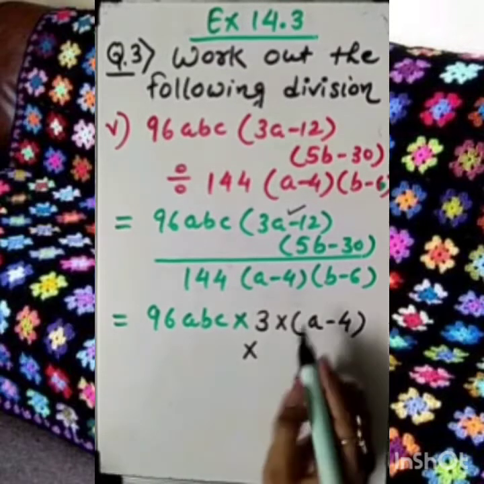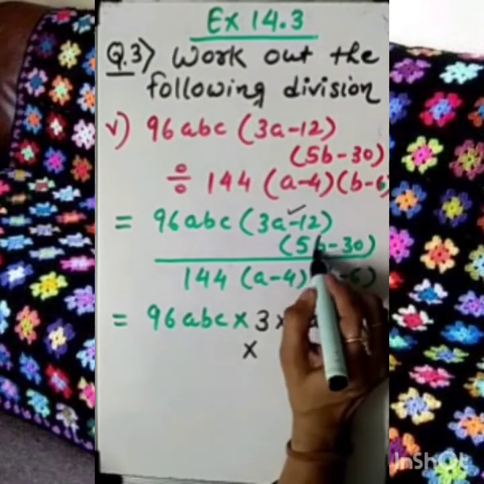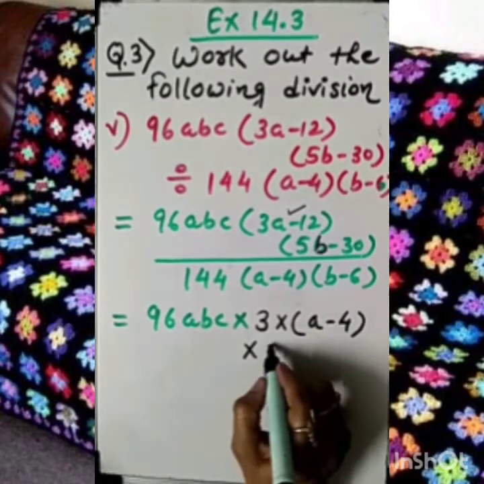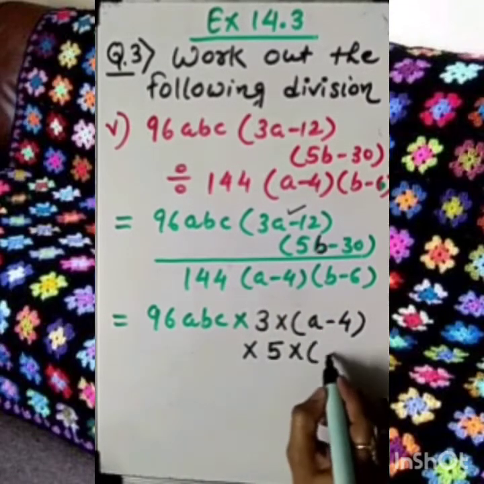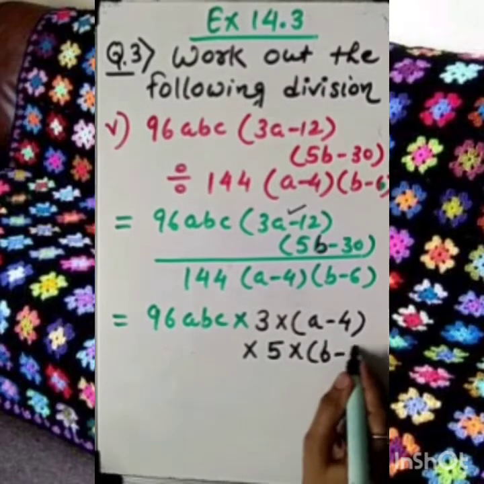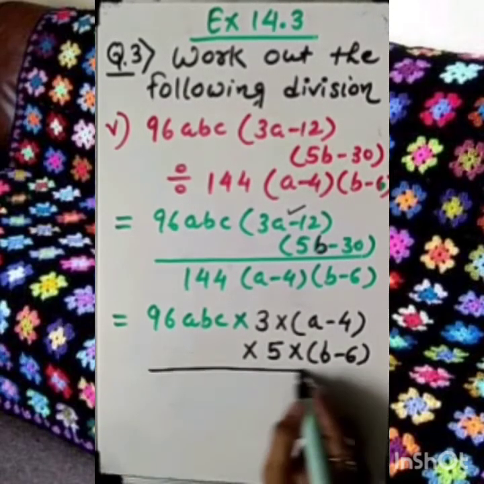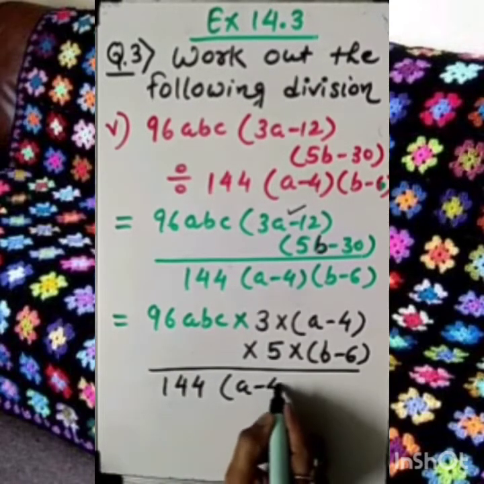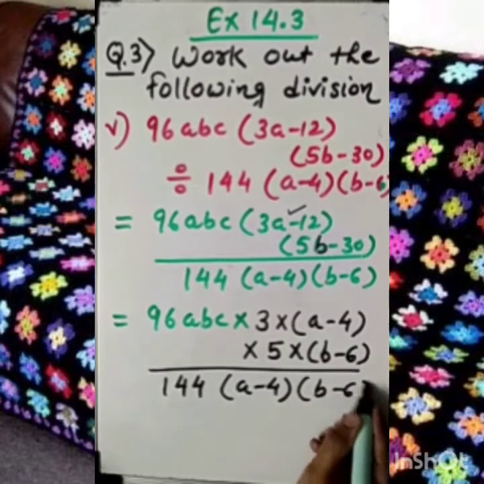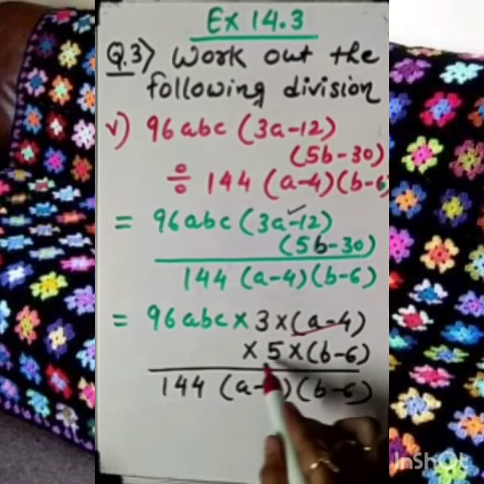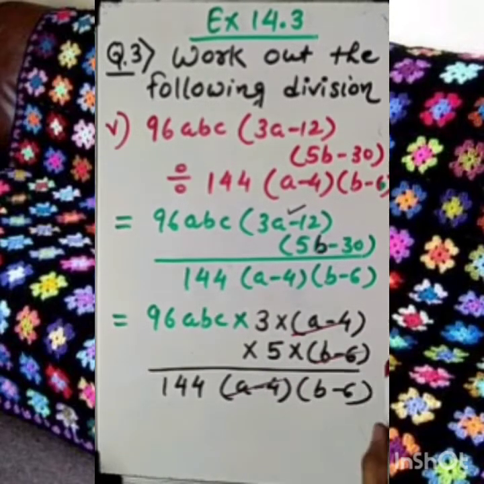From the other bracket, 5b minus 30: 5 ones are 5, 5 sixes are 30. Can I take 5 common? So I will have b minus 6, upon 144(a minus 4)(b minus 6). So, dear student, I can cancel this bracket with this and this bracket with this also.